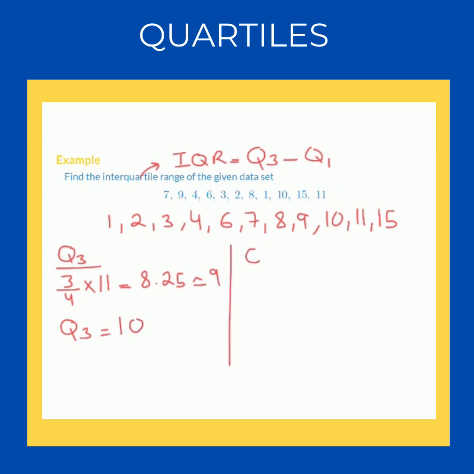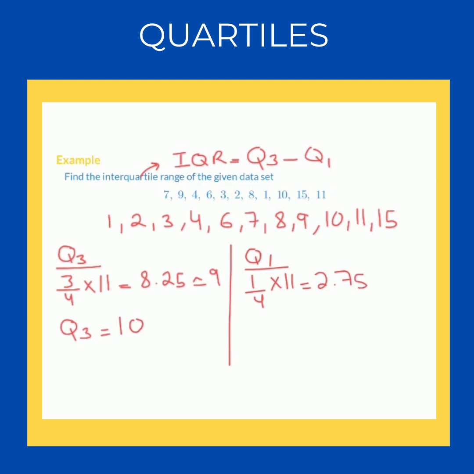Now to find Q1, the position of Q1 is 1 over 4 or 25% of my data, so times n, which is 11, and the answer is 11 over 4, which is equal to 2.75.